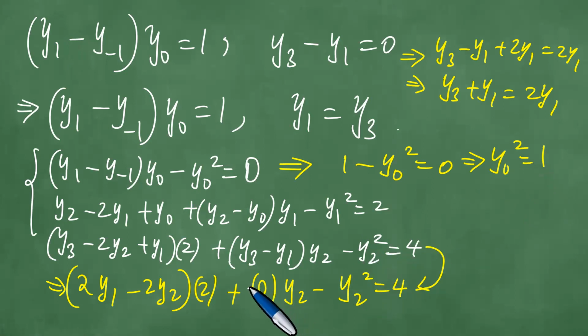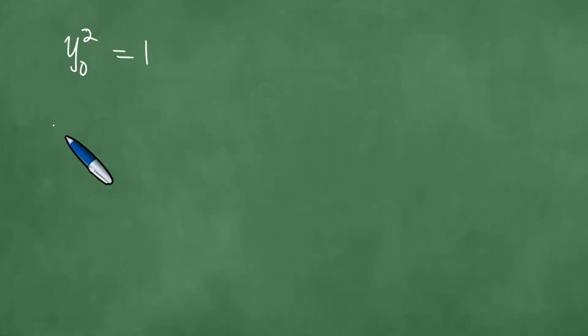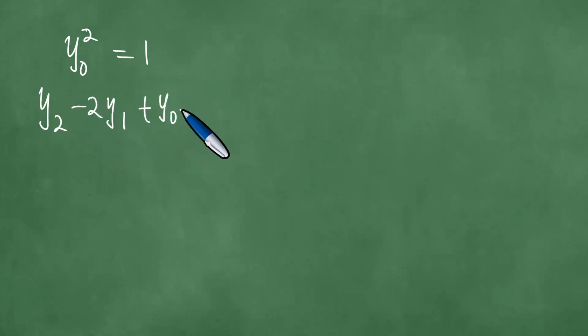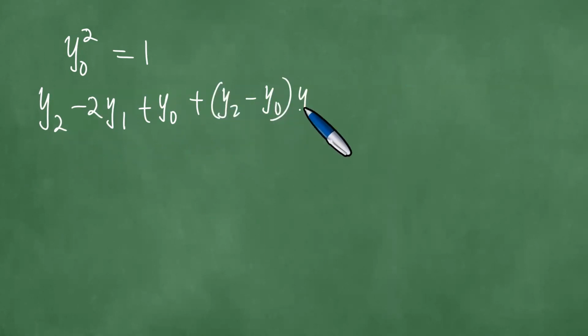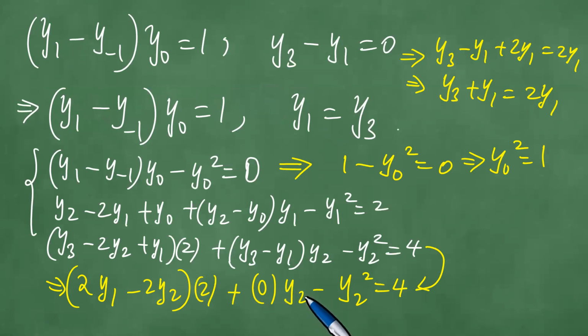And then we write the second equation, y2 minus 2y1 plus y0, plus y2 minus y0 into y1, minus y1 squared equals 2. The bottommost equation is this one. Obviously, now this is 0, and so you can write it like this, or many ways.